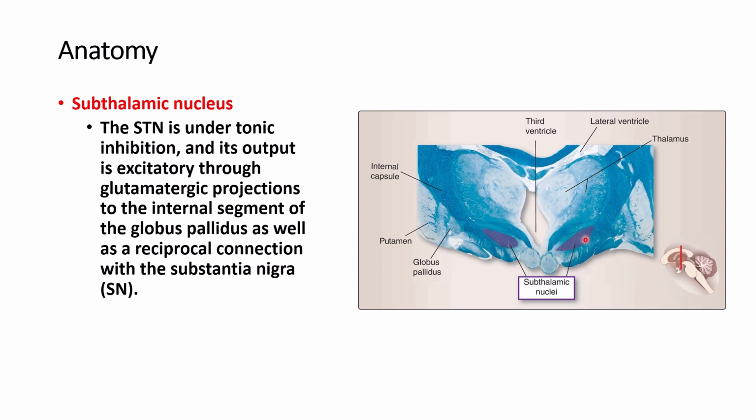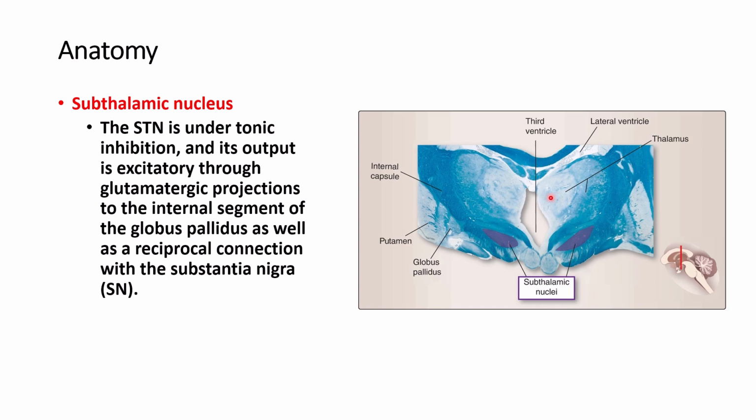The subthalamic nucleus, there are two of them, one on each side, and these are biconvex nuclei located below the thalamus. This is the thalamus, and this is the third ventricle separating the two thalami.